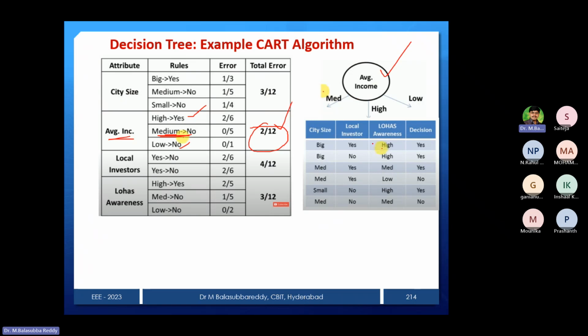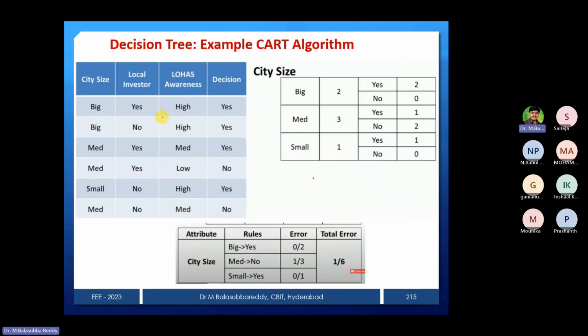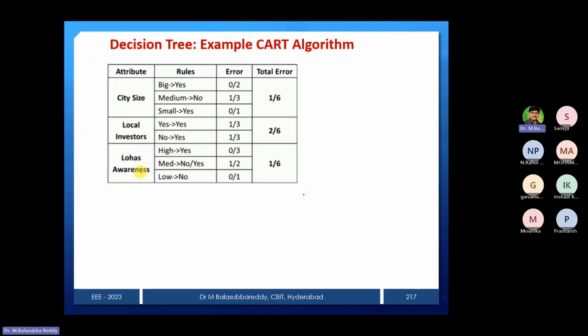The rest of the nodes: the problem will become a three feature problem, and again you solve these three. Identify which one is the minimum. You can see the city and all these things we took individually, and the problems are three. In that, which is the minimum? 1/6 here, 1/6 here. Again, if we go inside, this will become 0/1.